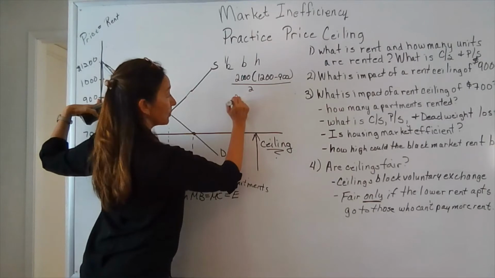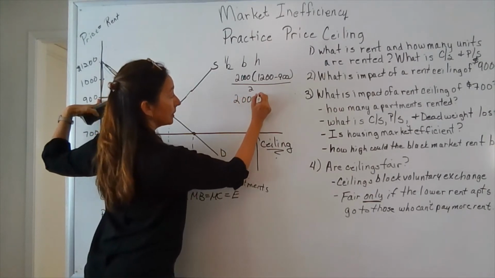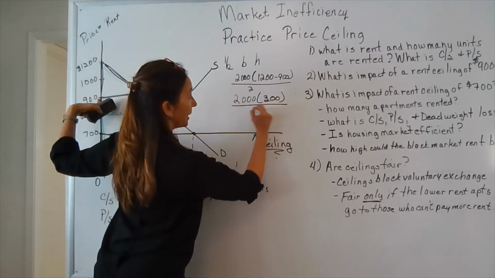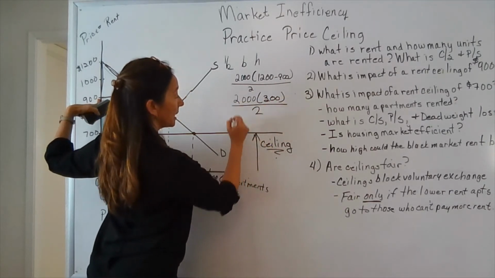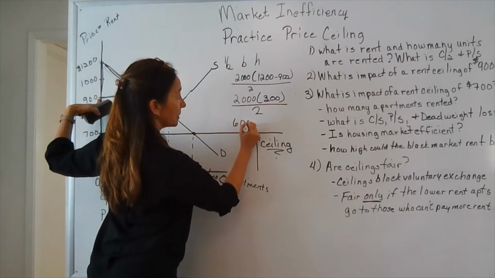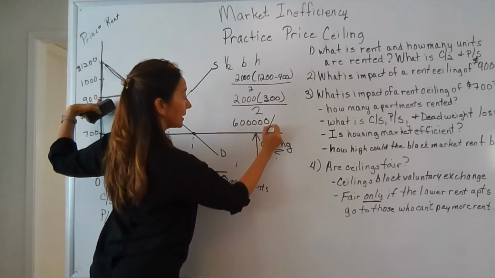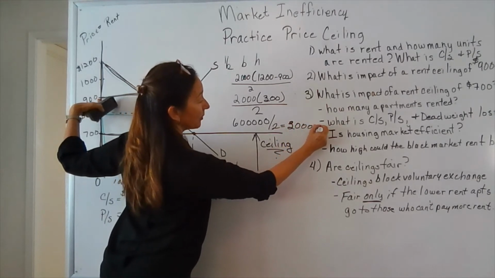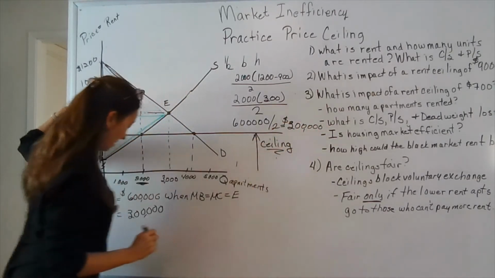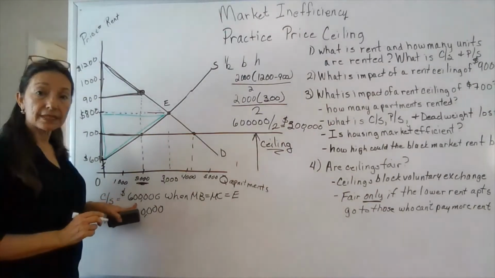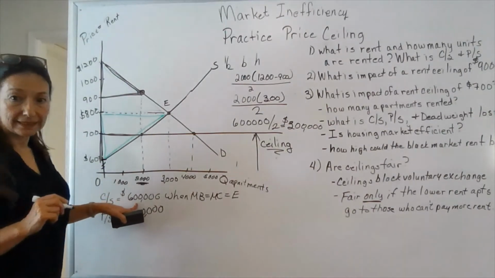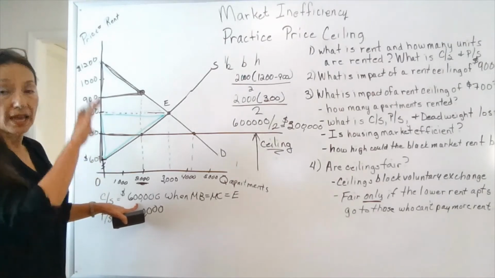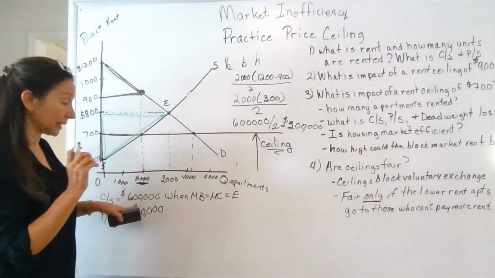So this is going to be 2,000 times 300 divided by 2. That's going to be 600,000. Divide that by 2. Now our consumer surplus is going to be 300,000. Compare that to previously when the consumer surplus was 600,000. So the price ceiling is reducing the value that overall consumers would normally get.